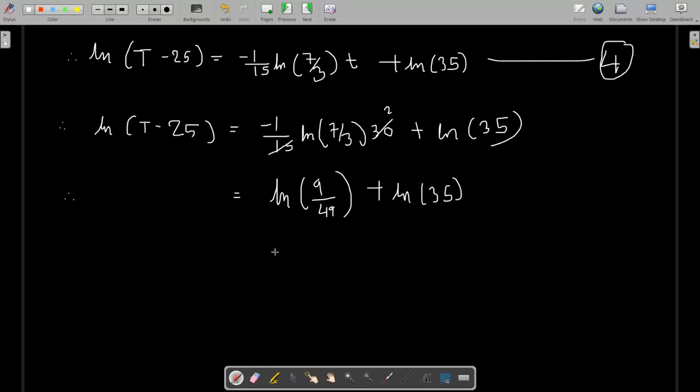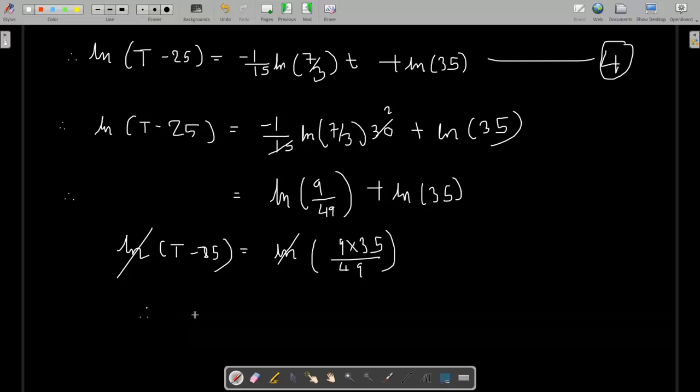The addition of logarithms becomes multiplication: ln of 9 into 35 divided by 49 is equal to ln of T minus 25. So the ln will cancel, or you can say taking e power on both sides, the ln gets cancelled out.